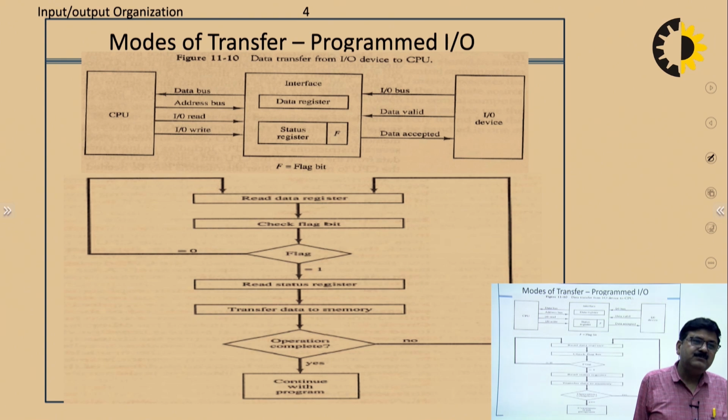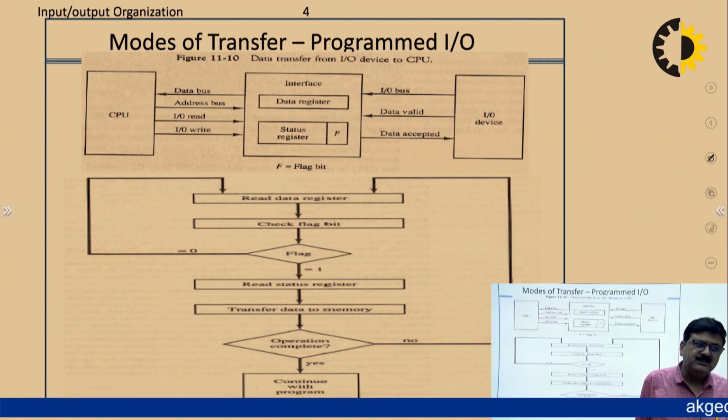When we get the status from the input output device that it is ready to transfer or receive the data, it sets the flag to 1, otherwise the CPU will repeat the check. Then the CPU reads the register and transfers the data to memory. If the operation is completed, it continues with the program it was earlier working on. Otherwise, it goes back to read the register and check the flag.